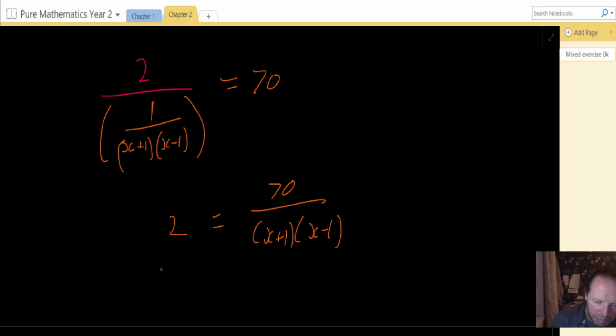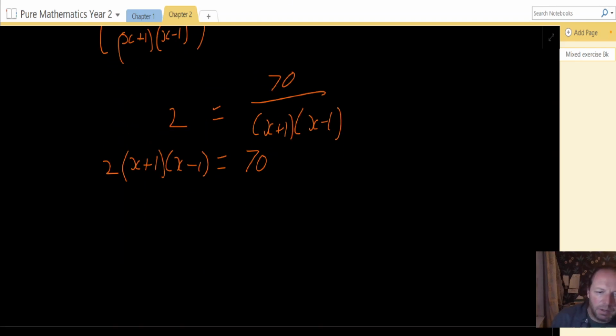Now let's multiply this way so that we get (x plus 1)(x minus 1) is equal to, don't forget the 2, the 70, just to get it all out of there. And then we divide by the 2, which makes it 35. And I'm going to expand the brackets.